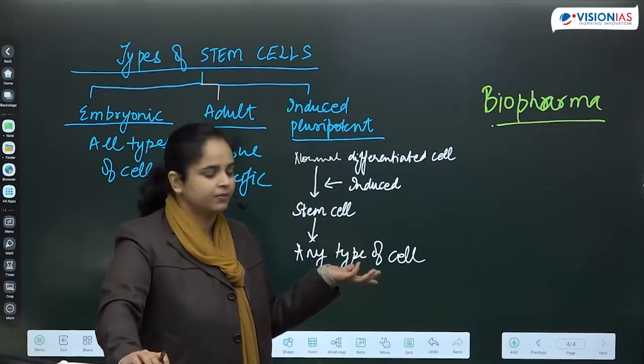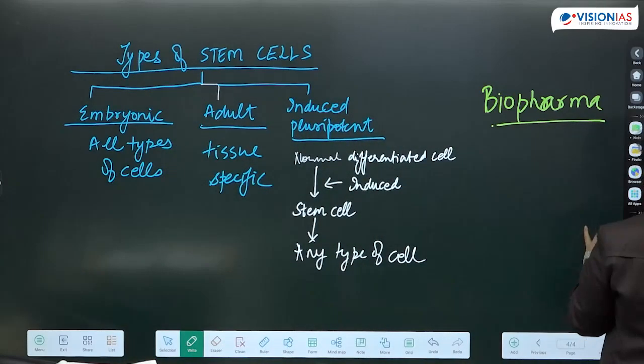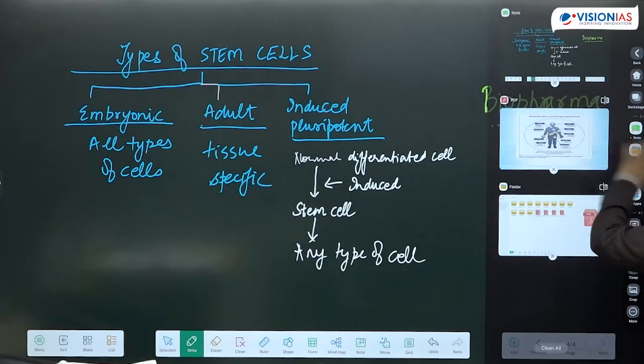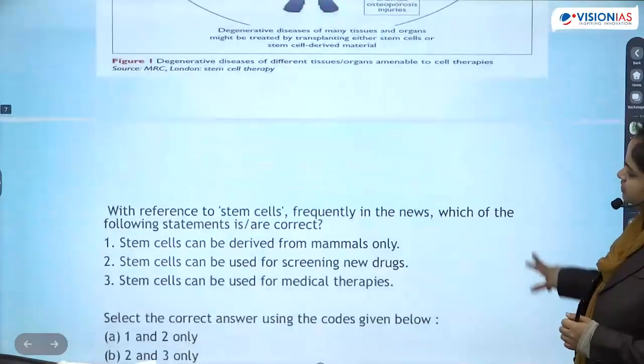Okay. So UPSC has asked a number of questions on this, and I also have one question. ये वैसे मेंस में भी पूछा जा चुका है, prelims में भी पूछा जा चुका है.